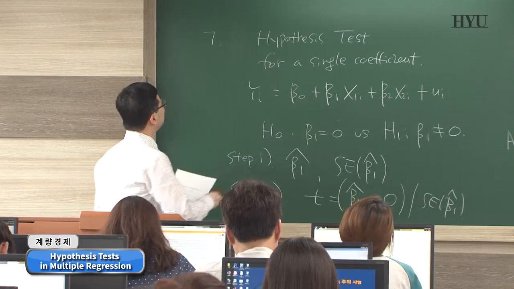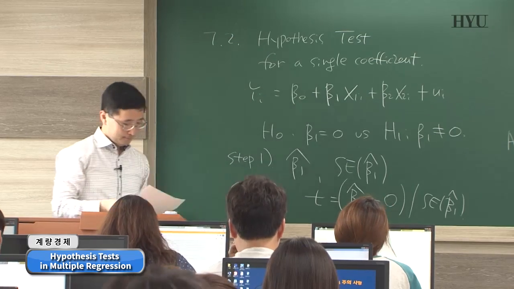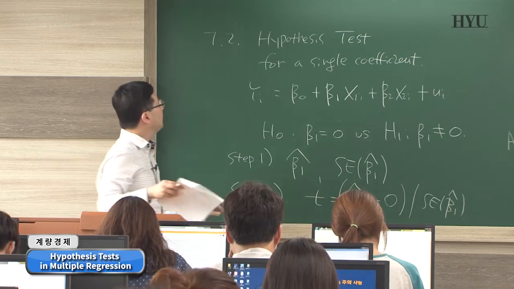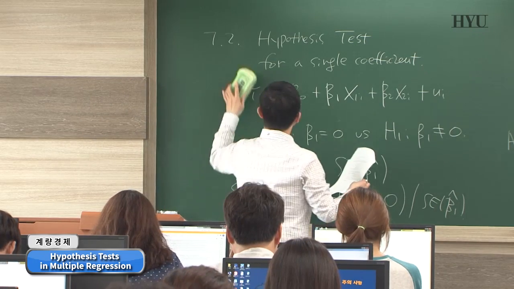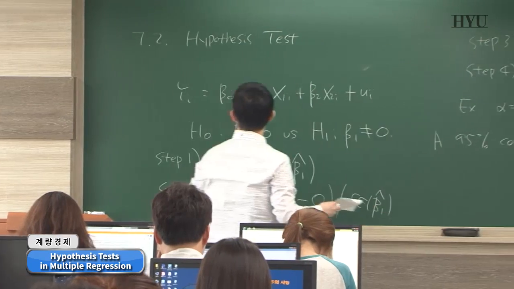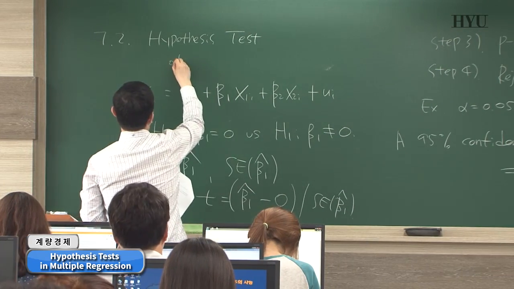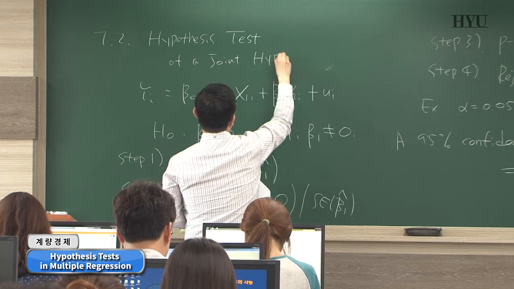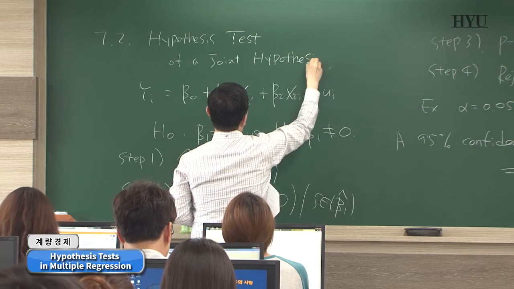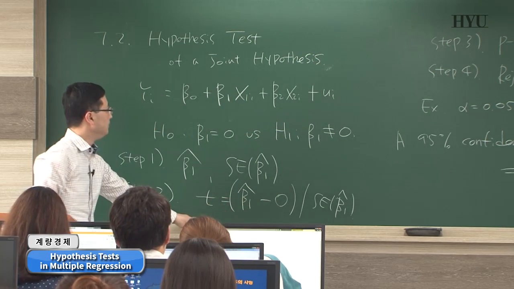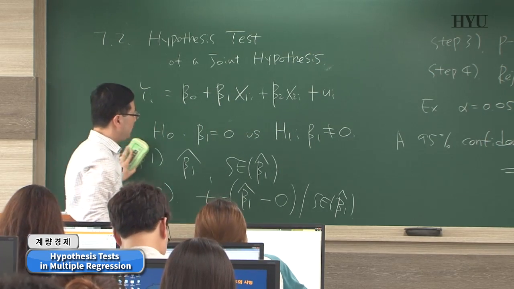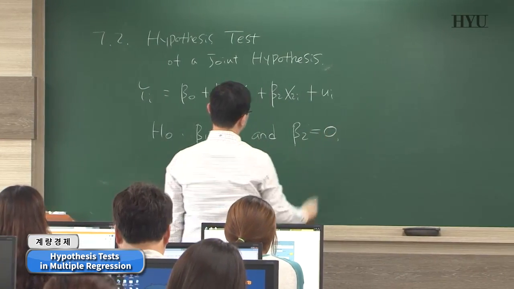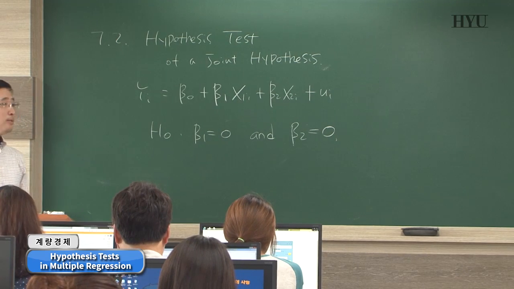What about 7.2? So what do I mean by a joint hypothesis? Just one example.